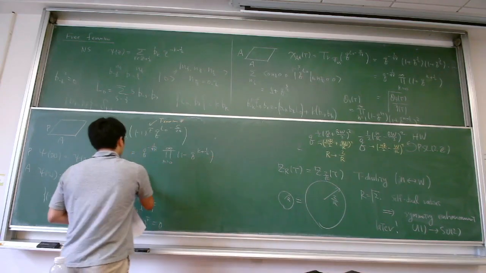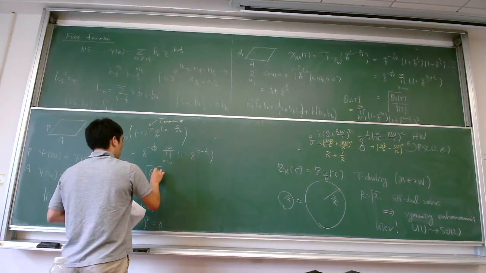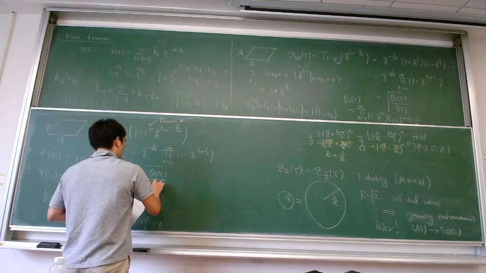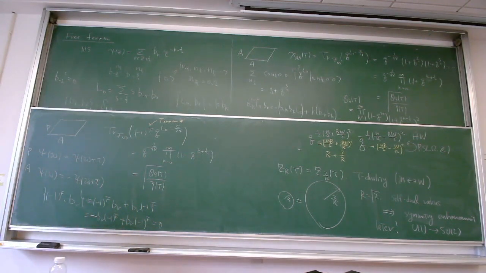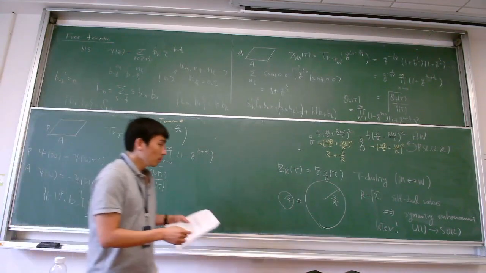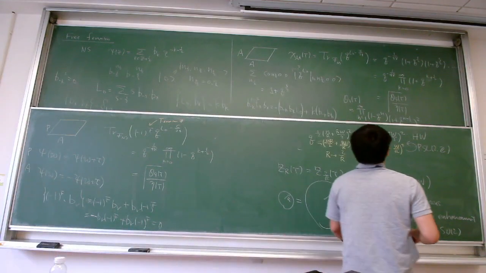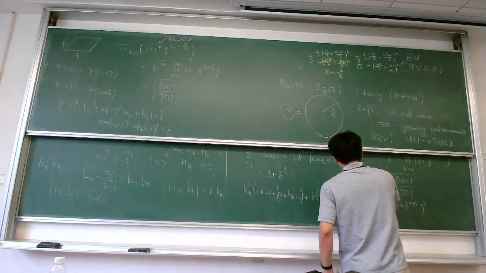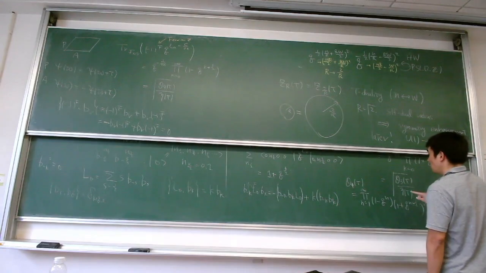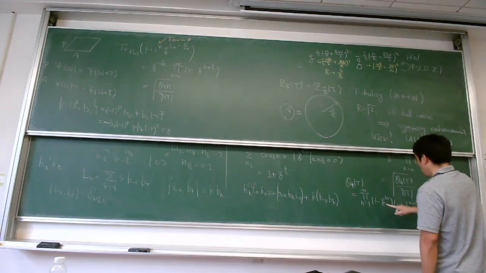And this is equal to square root theta 4 tau. Namely, theta 4 is defined as... theta 4 here has a minus sign.